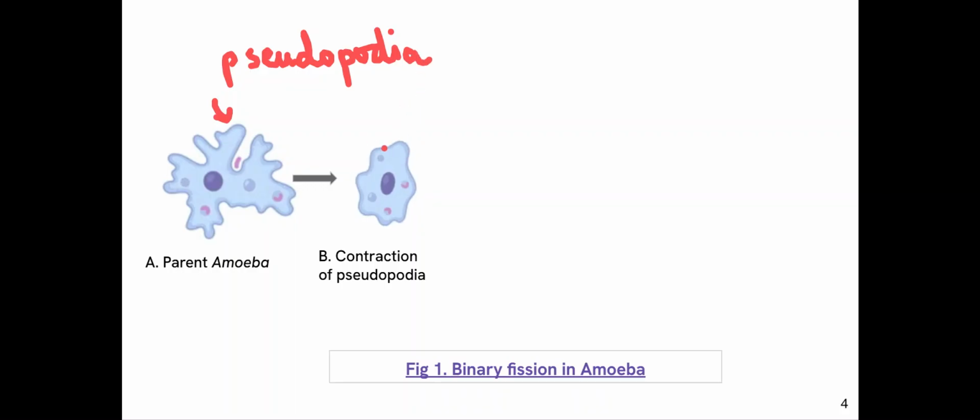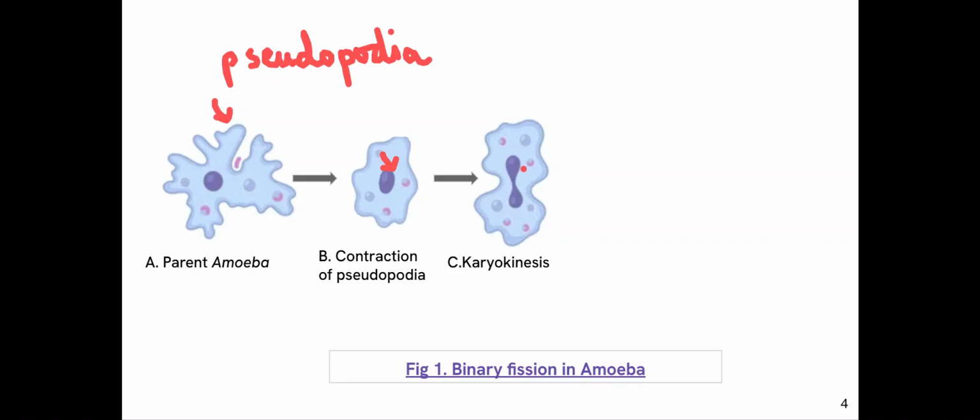Now, when the cell is ready for fission, ready for reproduction, the first step is that it accumulates its cytoplasm towards the center. That means it pulls the pseudopodia towards the center, contraction of pseudopodia happens, and once the cytoplasm is densely accumulated within the cell, it is ready for karyokinesis.